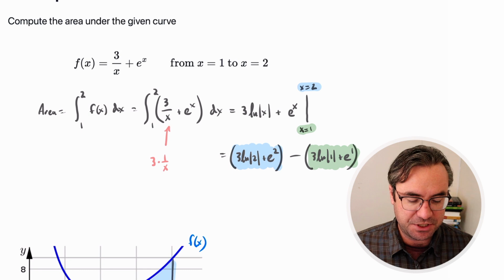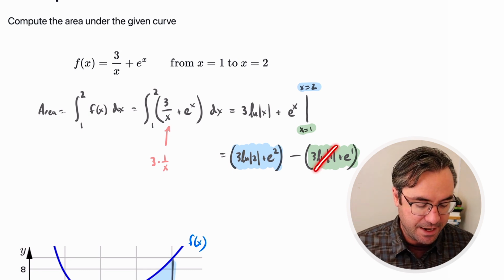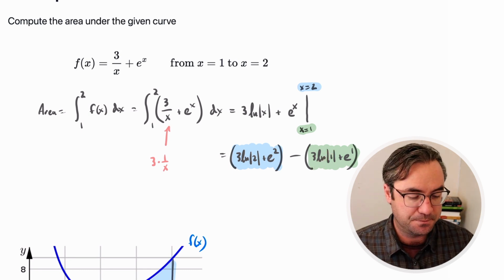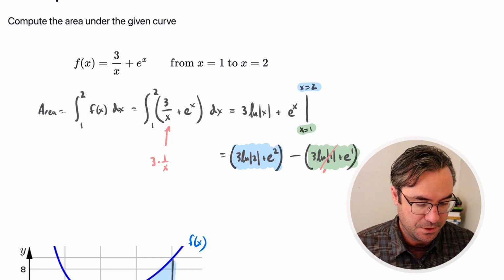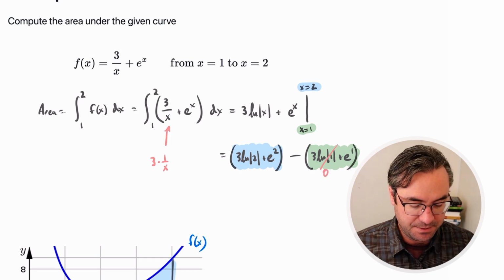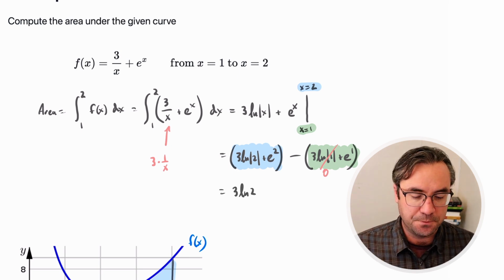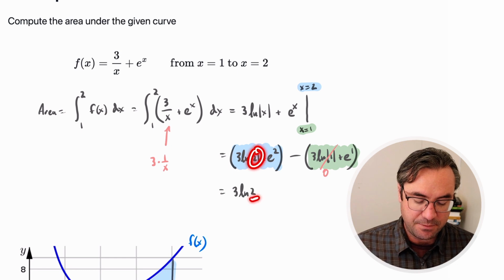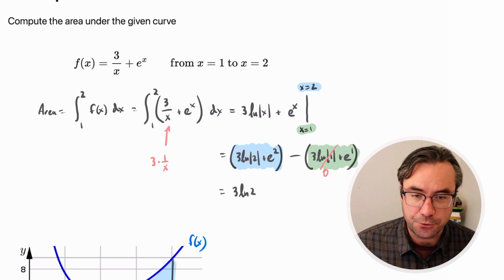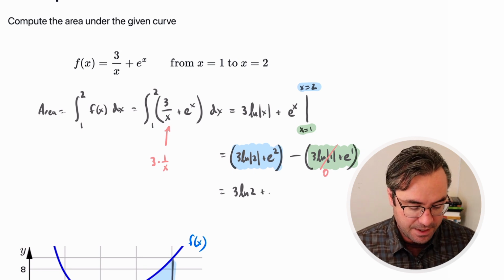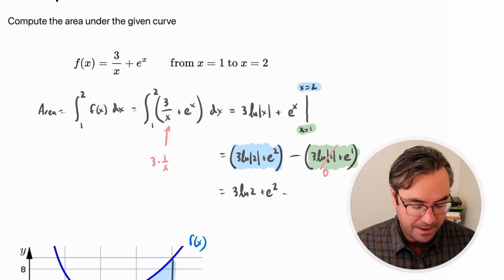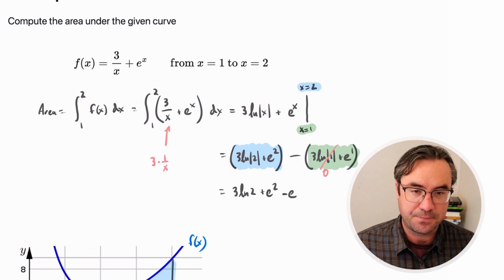And not too much to simplify here, other than natural log of 1 is just 0. So this ends up simplifying to just 3 natural log 2. I don't need the absolute value sign anymore because absolute value 2 is just 2. Then I've got my plus e squared, and then I've got minus e.